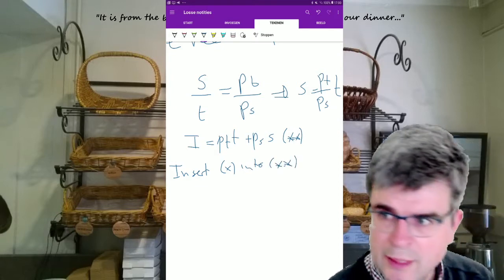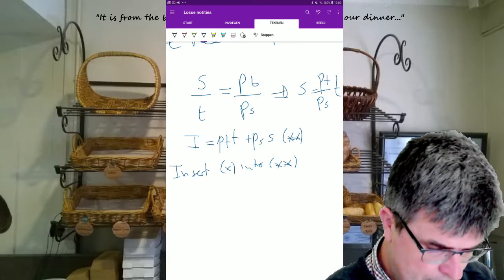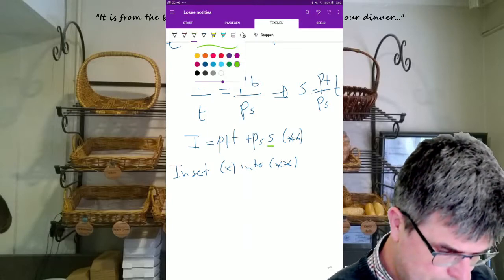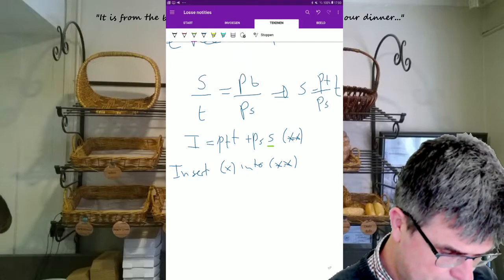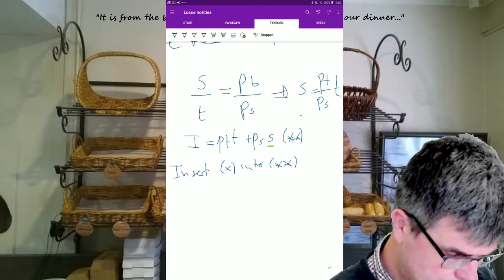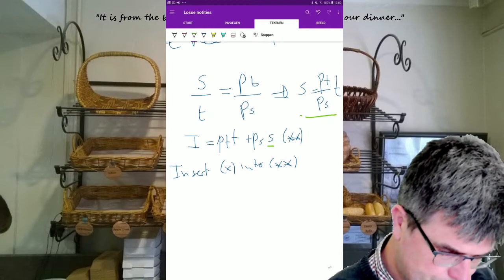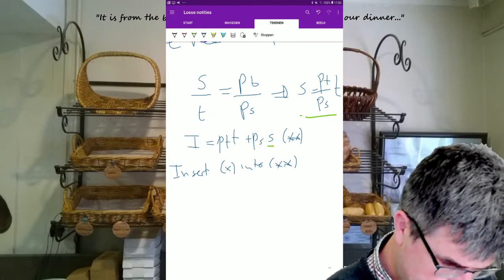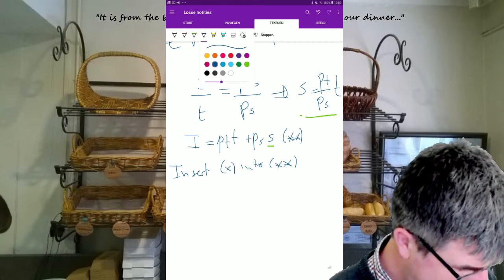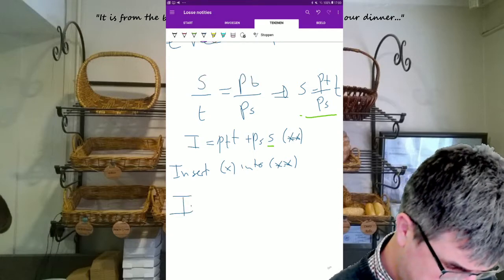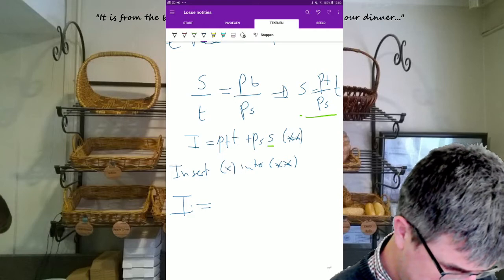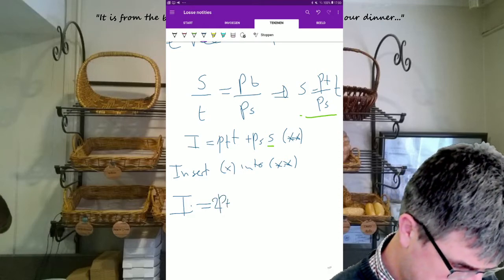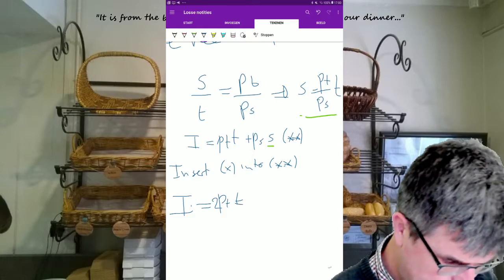So we replace the S over here by this expression that we have over here. If we do that, we get that income is equal to 2 times PT times the number of Twinkies.